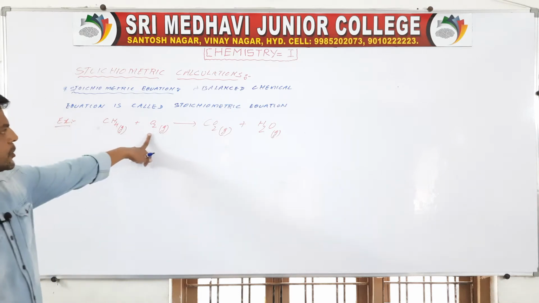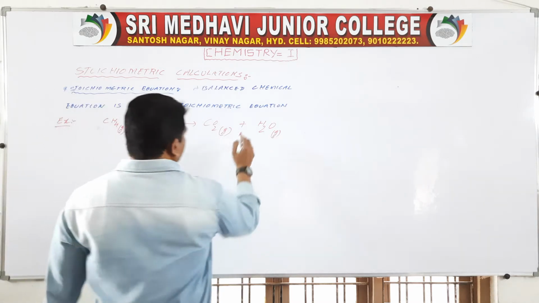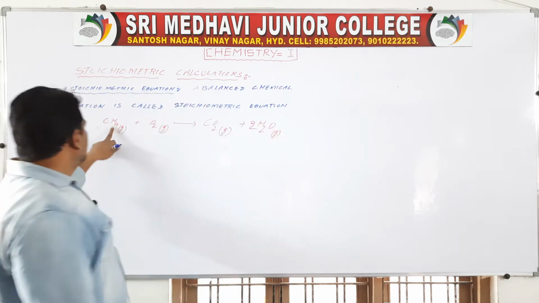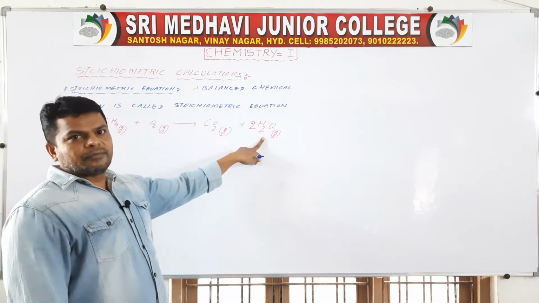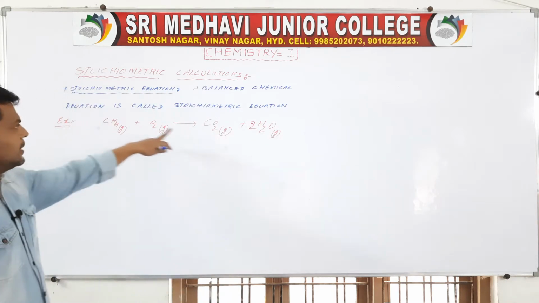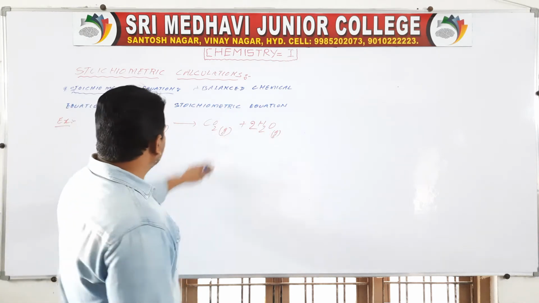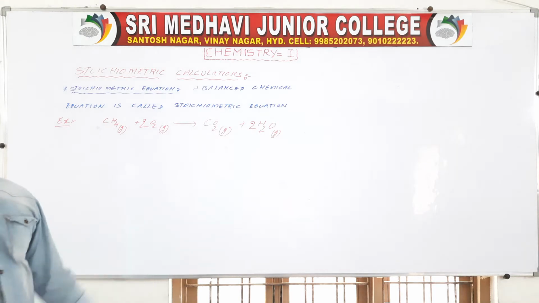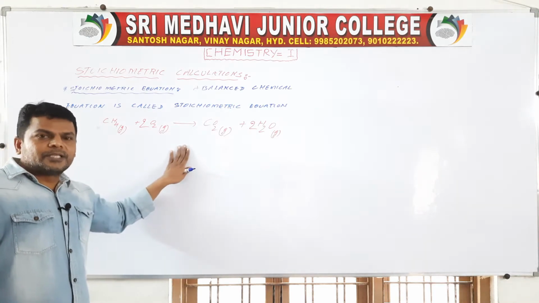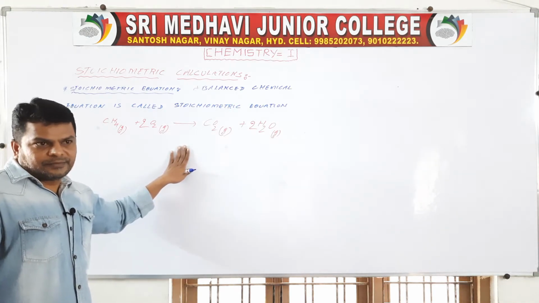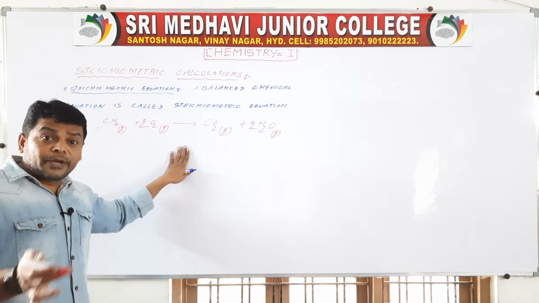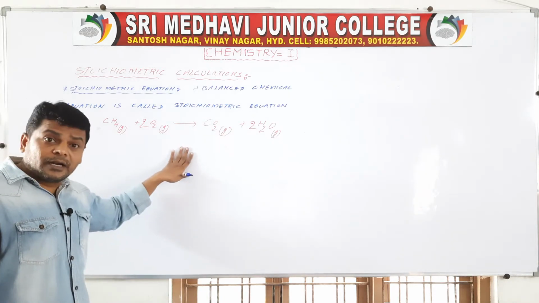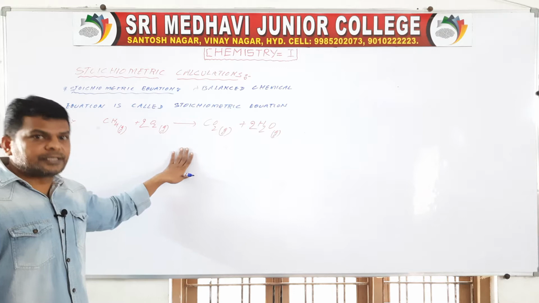How many oxygens? 2 plus 1, 3. If you take 2 H2O, 4 hydrogens, 2 twos are 4, balanced. So with 2 oxygens plus 2, if you take 2 O2, then it is balanced. It is called a stoichiometric equation. The calculations we are going to do in this equation are called stoichiometric calculations.